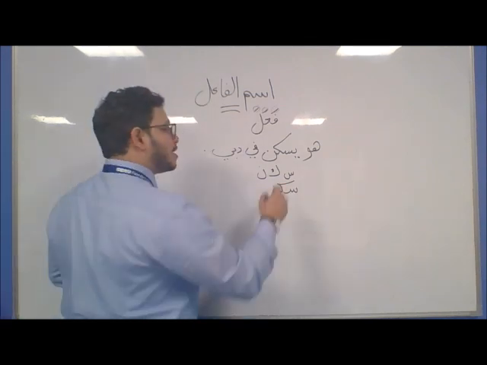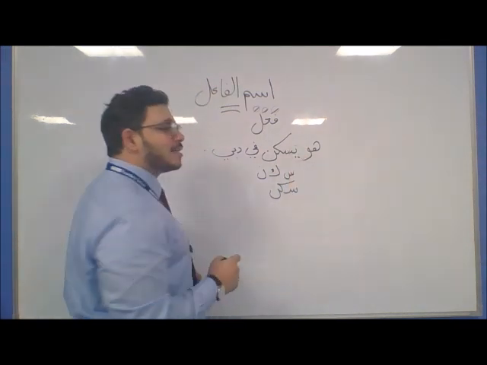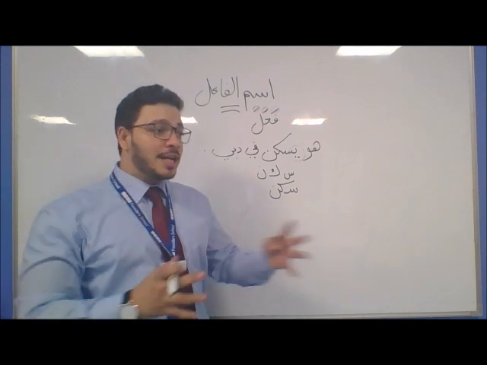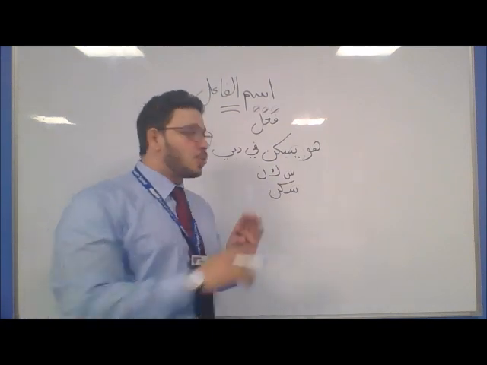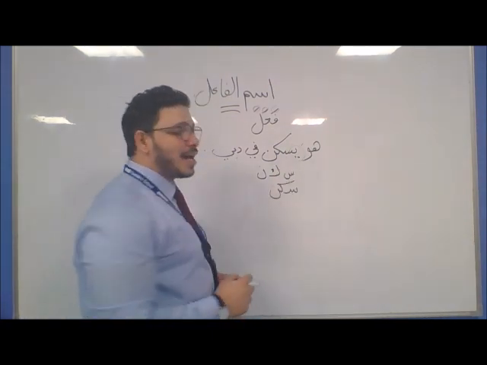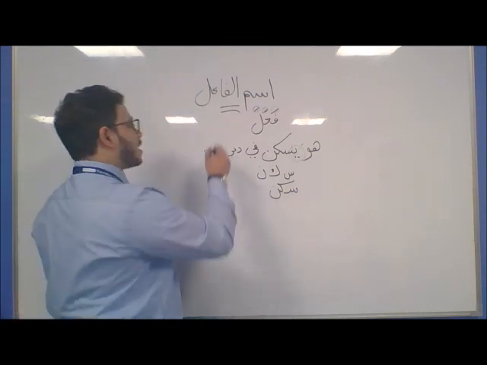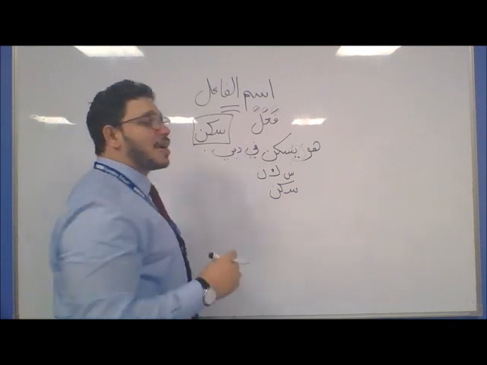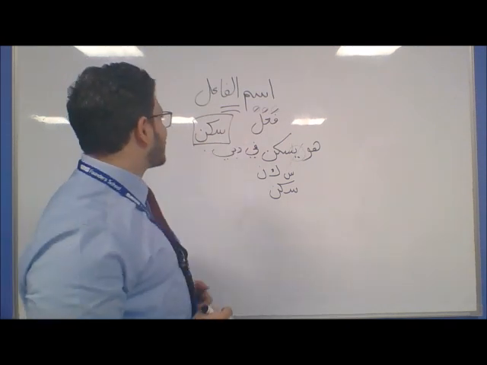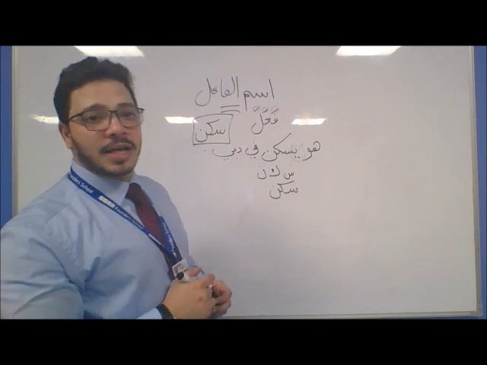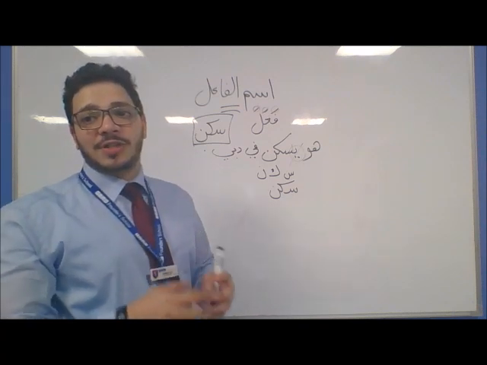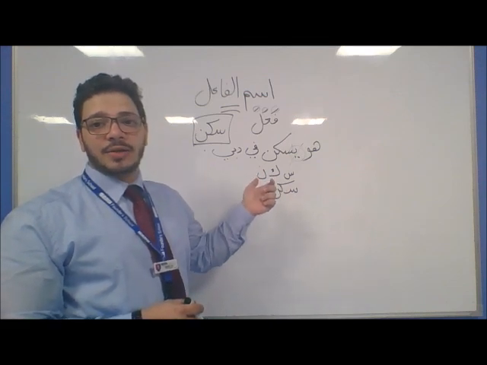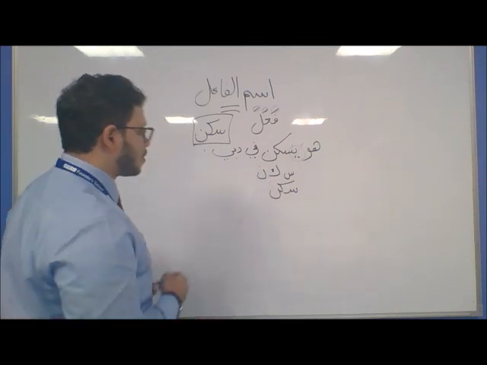We all know that this ya is part of the conjugation of the verb. So we just remove the ya and we have the root here, سكن, which is, by the way, the verb in the past tense.